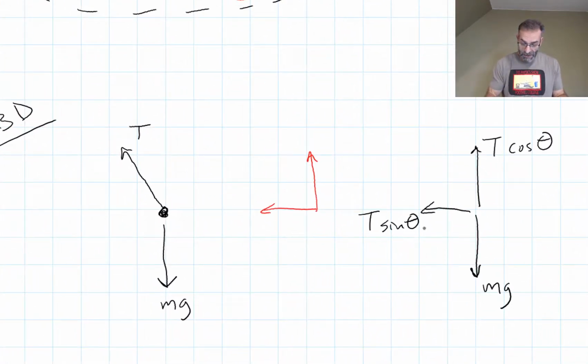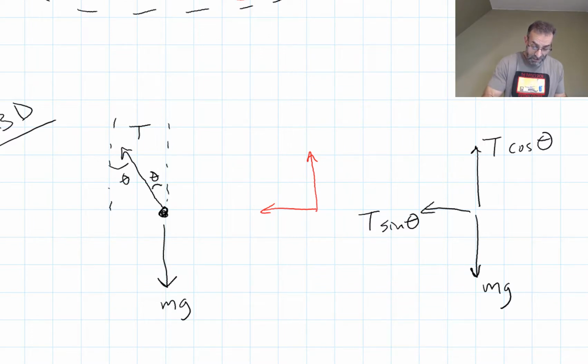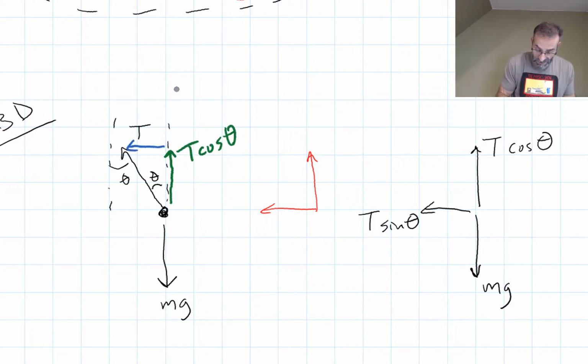How did I get cosine theta and sine theta? Well, the angle was given here as theta, which means that this angle here would also be theta. So the adjacent side would be T cosine theta, and the opposite side would be T sine theta.